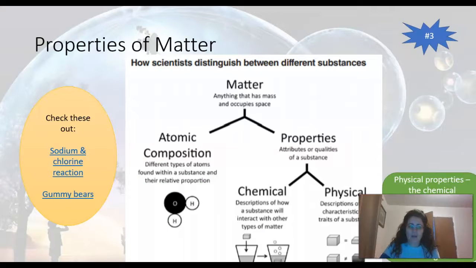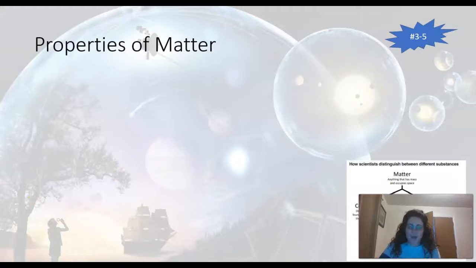Another thing that we look at when we're trying to define different properties is this idea with chemical and physical properties. You definitely want to check out these videos. They're fun videos. All right, so in this idea, I'm going to share with you some things. So I have a cup of ice water.